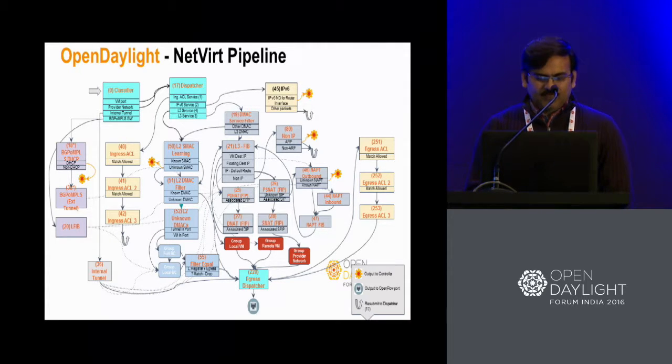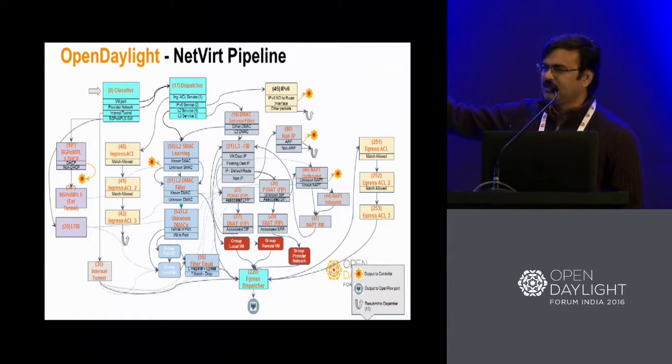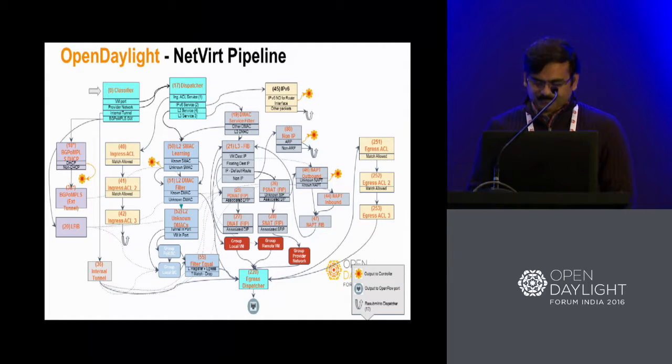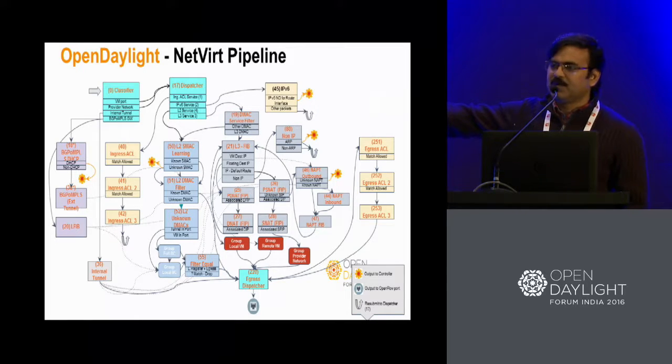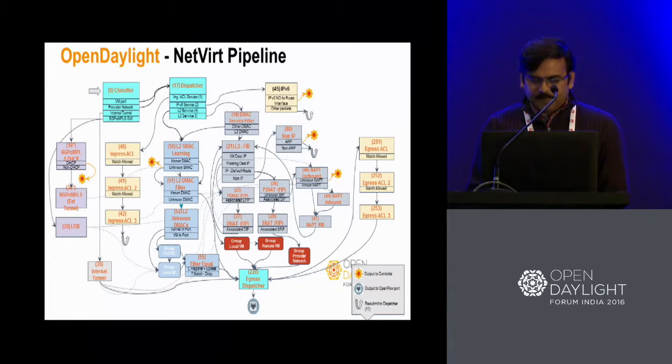At the end of a particular service, if the packet is not consumed, the packet is sent back to the dispatcher again, and the dispatcher further delivers the packet to the next service. And at the end you can see the example of egress service binding, where we are binding ACL services at the egress interfaces.